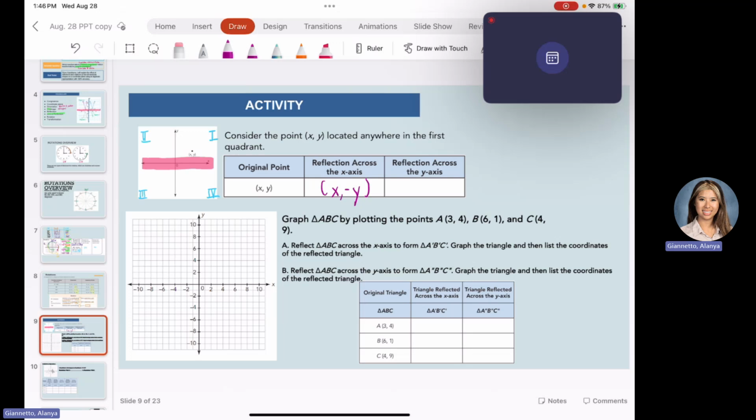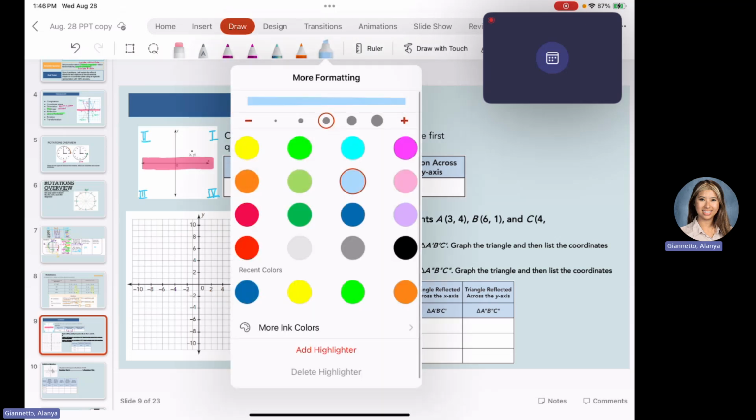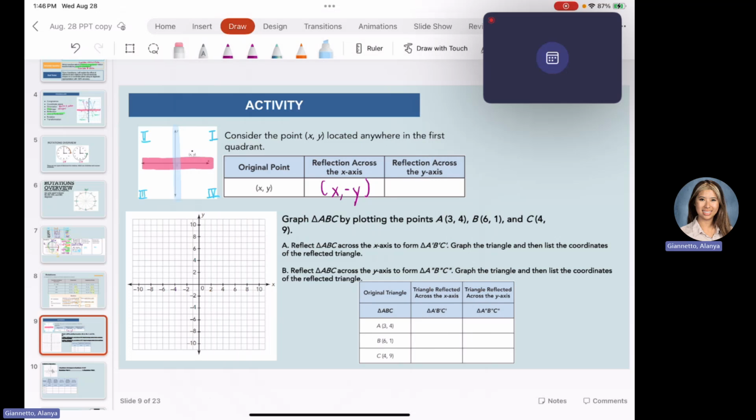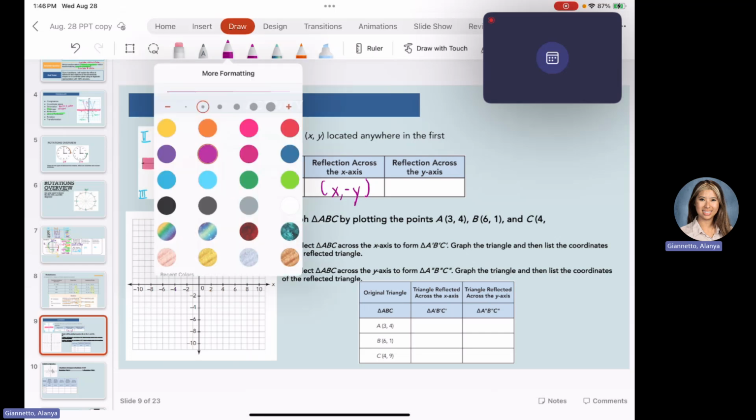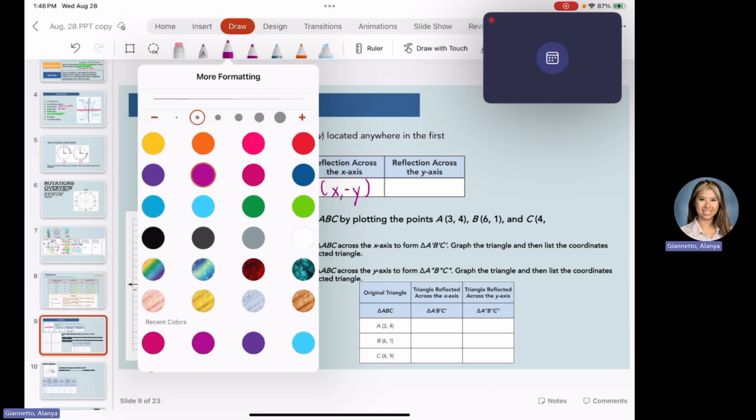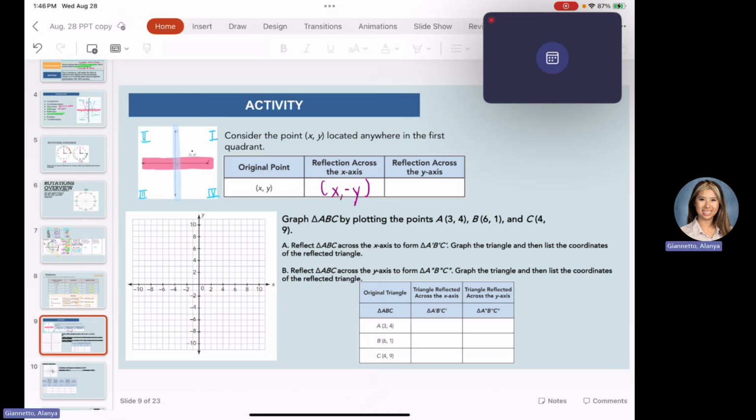And then reflection across the y-axis. I'm going to go ahead and highlight the y-axis. So this is the y-axis right here. So we can see that our x comma y is to the right of the y-axis. If we flip it, it would be on the left side, right? So in that case, it's the x-coordinate that changes. So we're going to have negative x comma y because the y-coordinate stays the same.